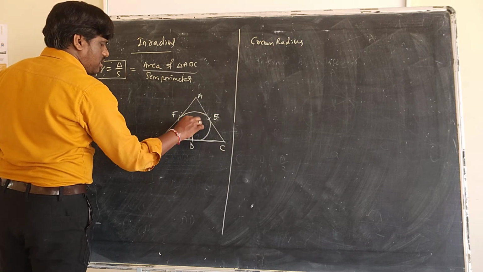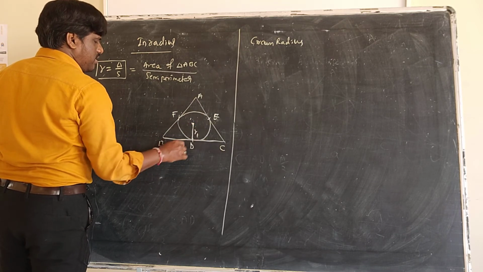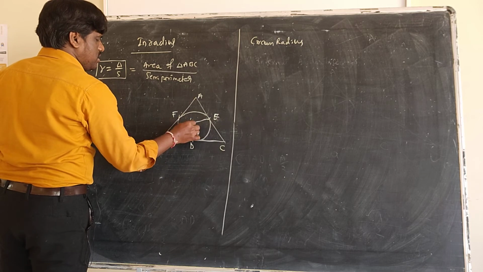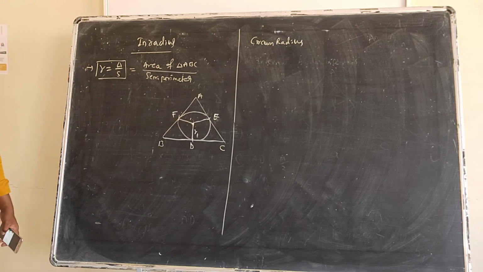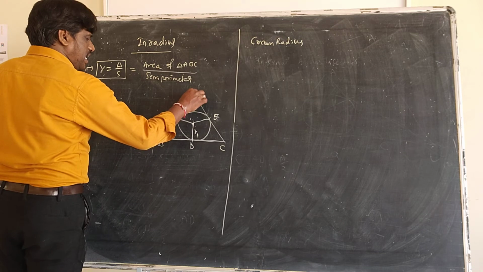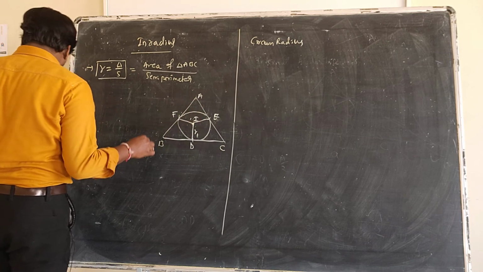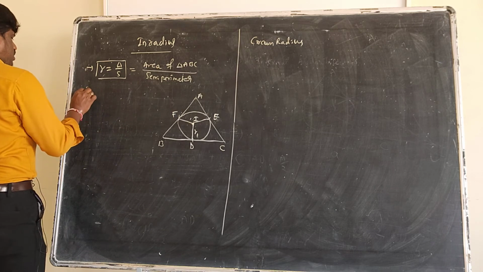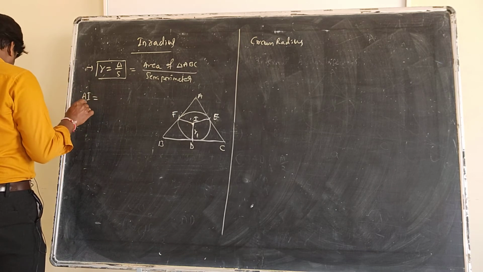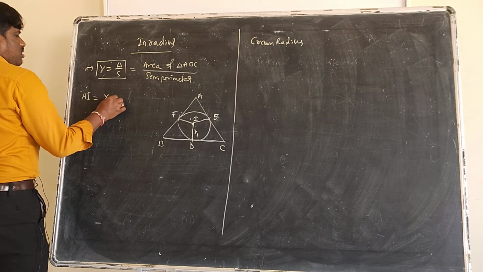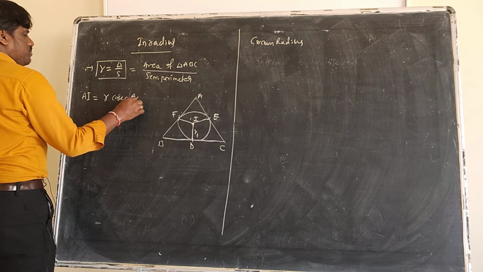This length is called the inradius, R, and its length is delta by S. Suppose this is I. The length of AI is R cosec A by 2.